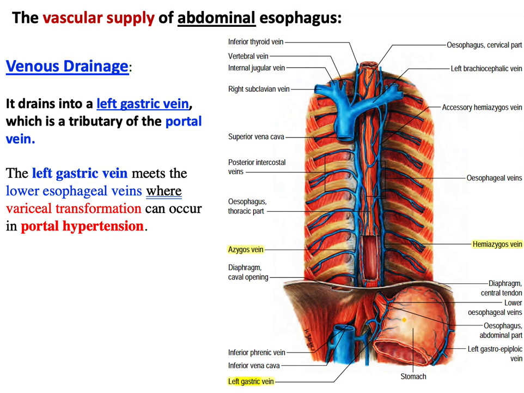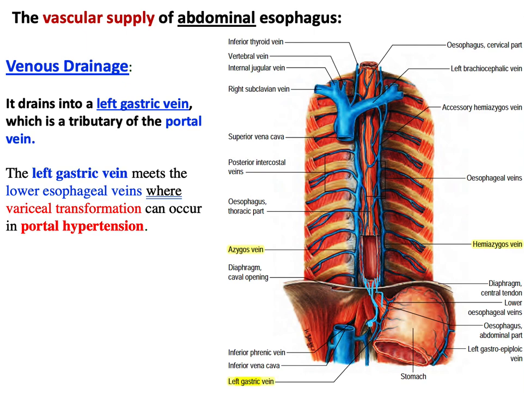Now what about the venous drainage? As you know, maybe from the previous lecture of esophagus, we mentioned that the left gastric vein, you see here is the left gastric vein, drains the lower part of the esophagus, and also, as you see here, it meets the lower esophageal vein here, and they form like a plexus.